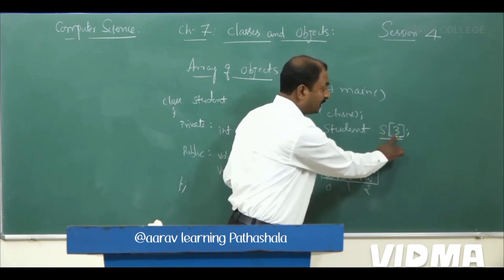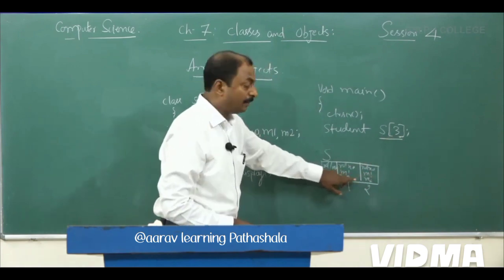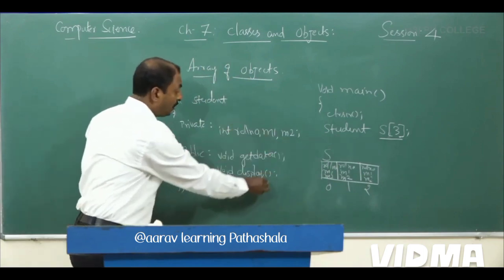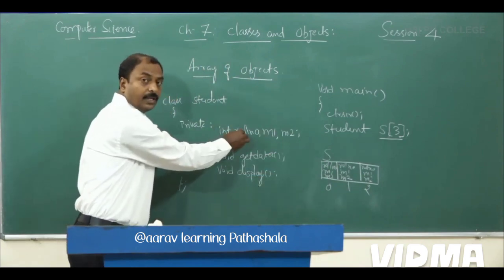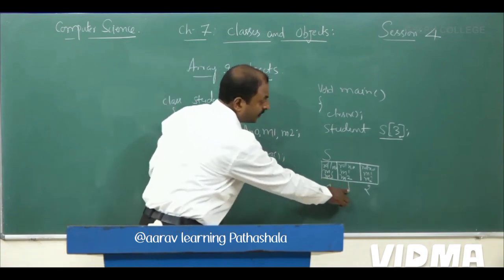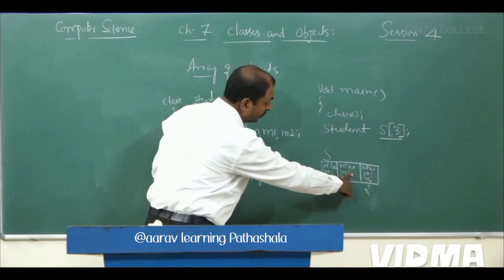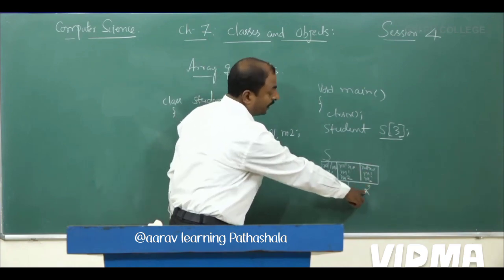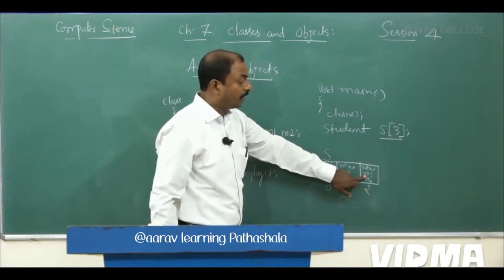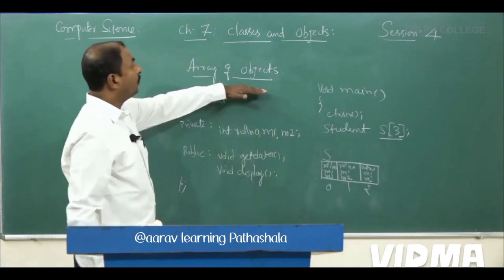In this example, 3 is the size of the array. It consists of 3 elements, and each element contains all the data of one student. In index 1 it contains the details of the second student, and under index 2 it contains the information of the third student. So this is the concept of array of objects.